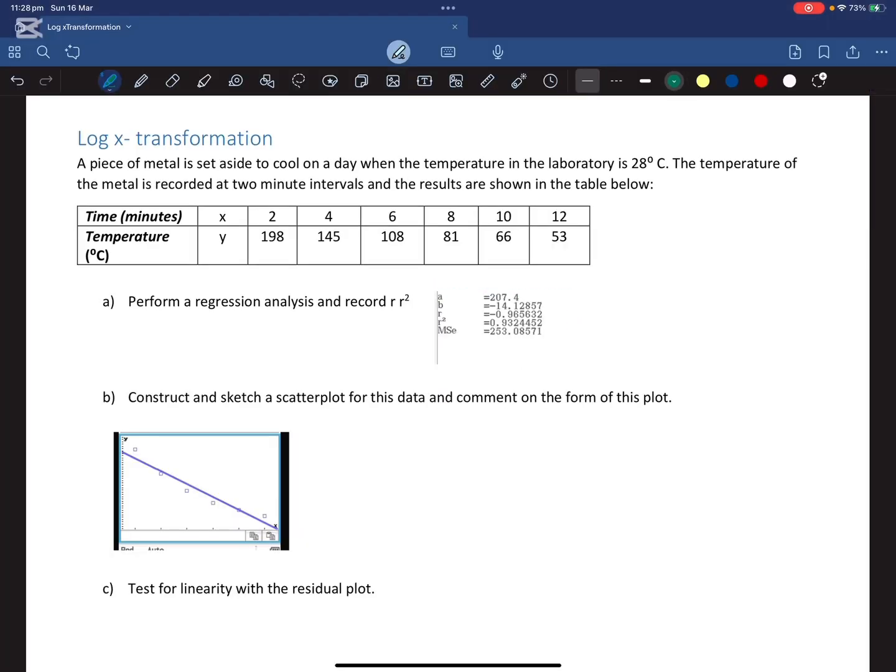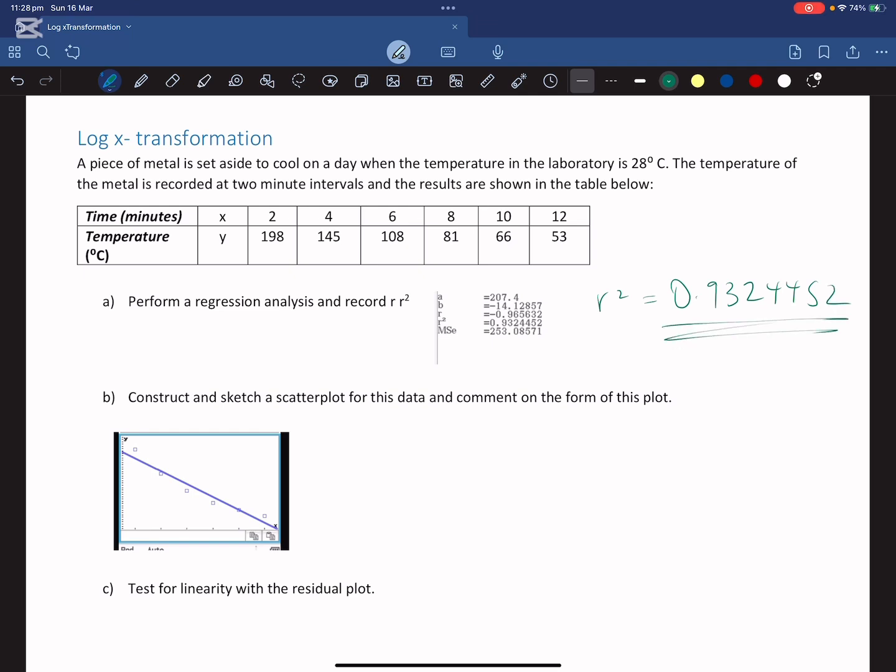Hopefully you know how to do a regression analysis, because this video is predominantly just looking at transformations. So R squared is 0.93244452. So we need to improve that.